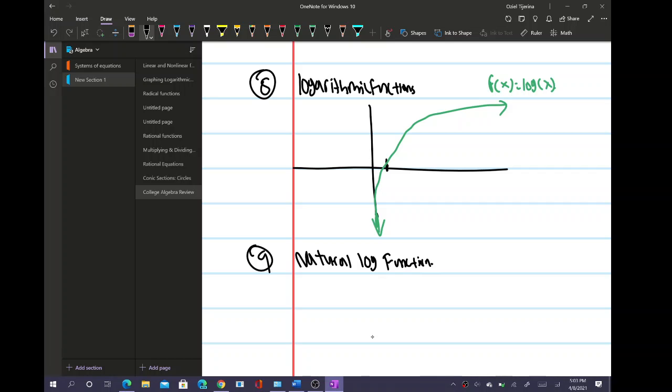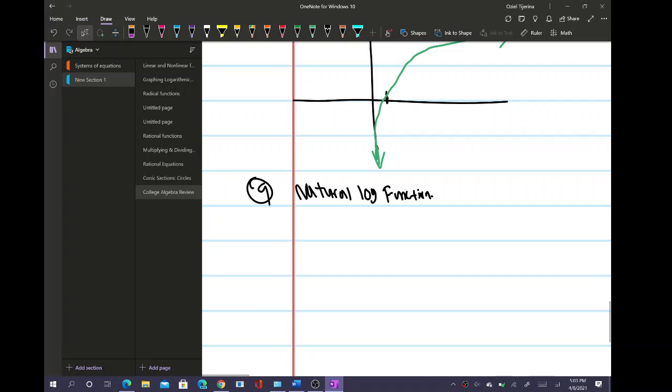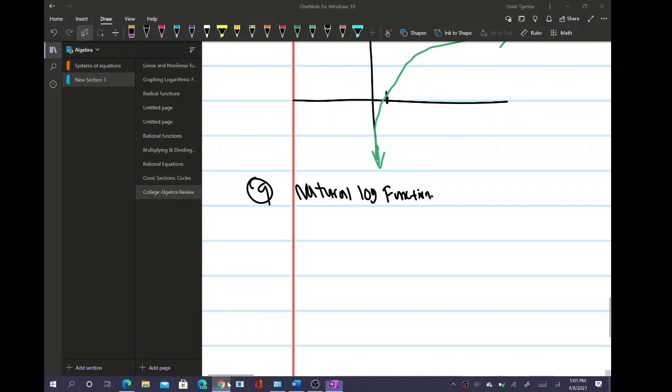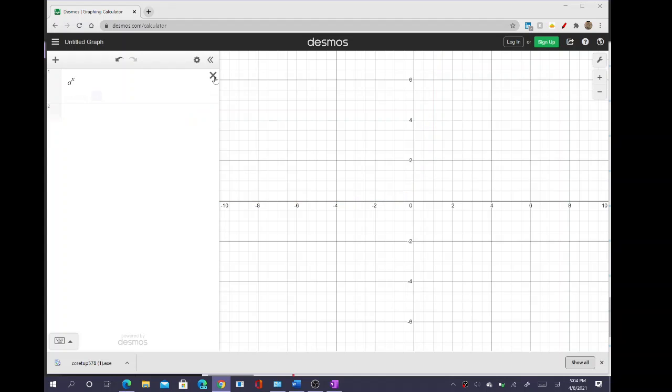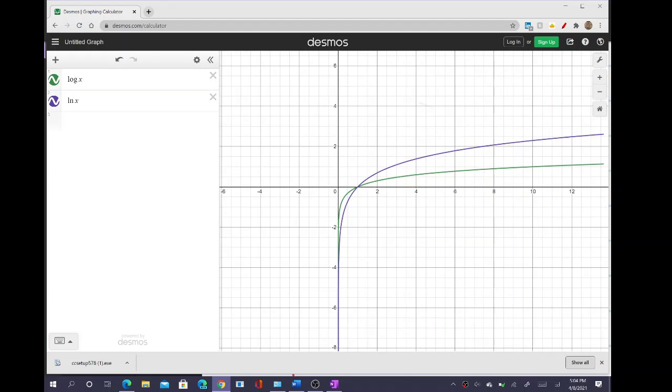This one is different. I mean, it's not really that different, but if I go ahead and graph it, this is log of x, and if I do ln of x, that's the natural log of x.